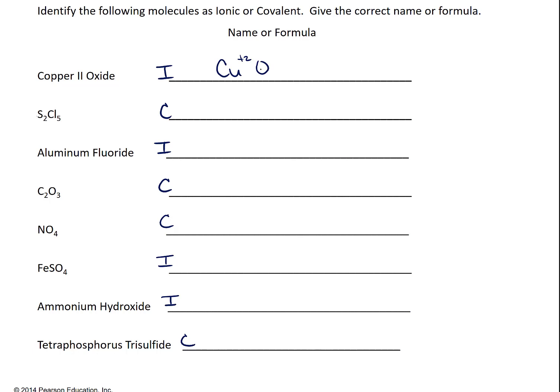Remember that oxygen is O and it's a -2. Oxygen is group 6, so it's a -2 charge. So here we're going to swap, but notice when we swap, you would end up with Cu2O2, and you always want to make sure you simplify ionic compounds if you can. So their simplest ratio would actually be just CuO.